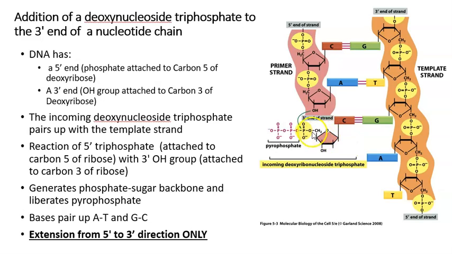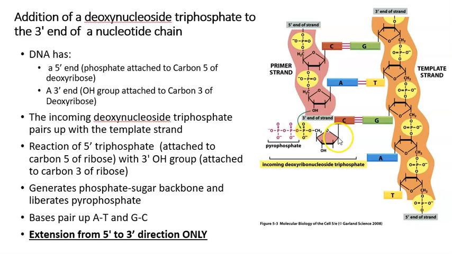Now if we look at this nucleotide, this is a deoxynucleoside triphosphate which is about to be incorporated into this extending strand here. So the C has paired up with the G. Remember, C goes opposite G, A goes opposite T. Here is the ribose, and the carbons on ribose are numbered from 1 to 5.